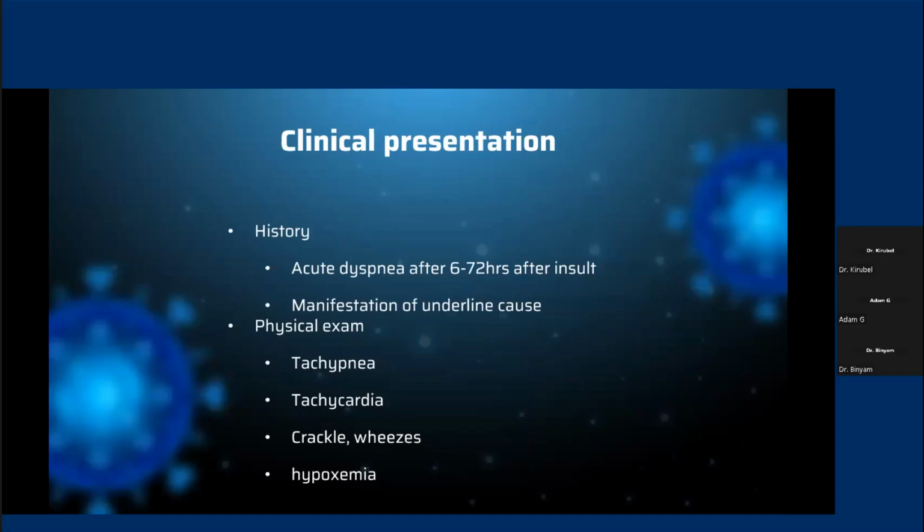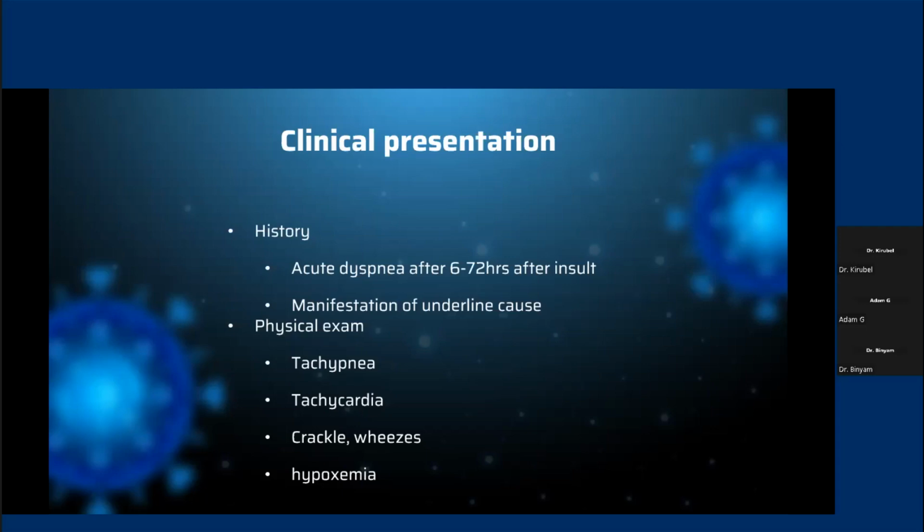Coming to the clinical presentation. The patient will have acute dyspnea, presenting within 6 to 72 hours of insult, and will also have manifestations of the primary underlying cause of the ARDS. If the patient has pancreatitis, they will have manifestations of pancreatitis.